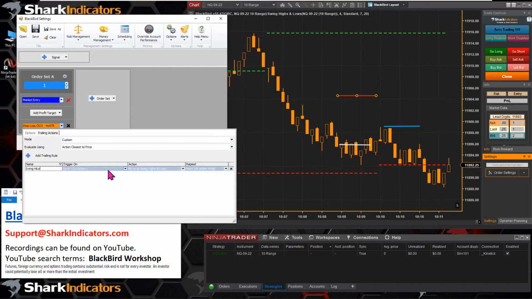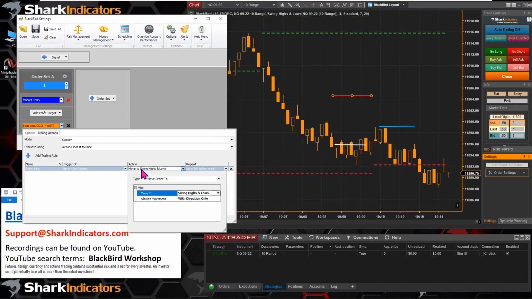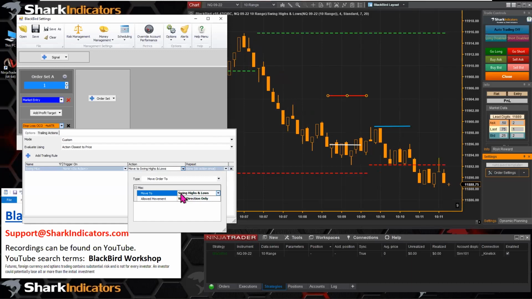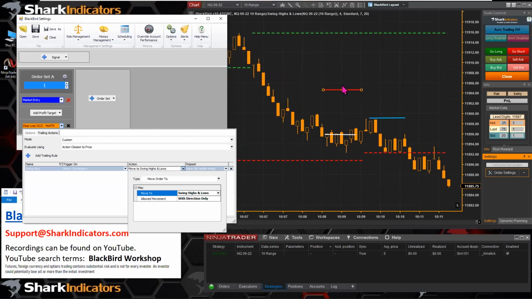a look at this trailing roll, and it'll evaluate where the price point is for the swing high, and BlackBird's going to go, well, the swing high is further away, and BlackBird's not going to move a stop loss backwards, right? BlackBird's only going to move a stop loss closer.